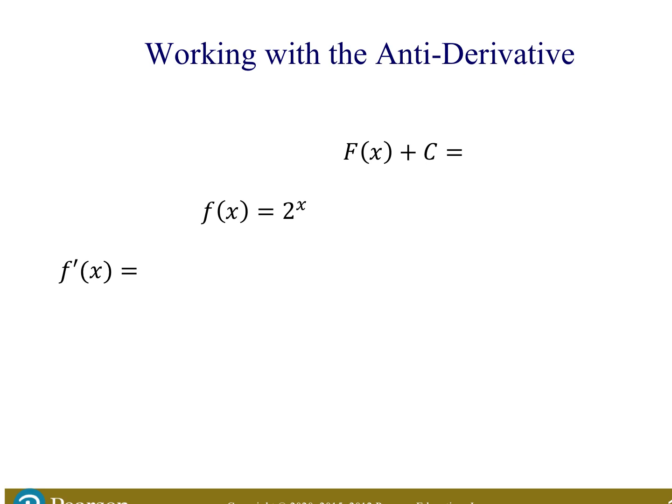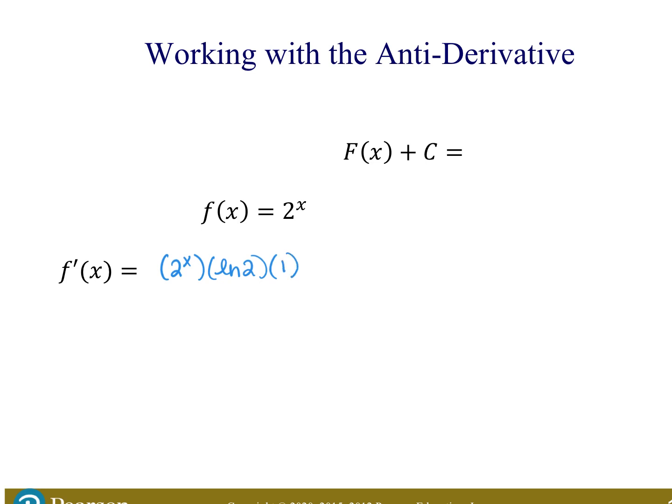We reviewed this rule earlier. This is like the e to the x and the 5 to the x. I want to do the derivative rule first. What is the rule? How many parts does it have? 3 parts. What are the 3 parts? We start with 2 to the x, and then what do we do? Natural log of the base, which is 2, and then derivative of that, which is 1.